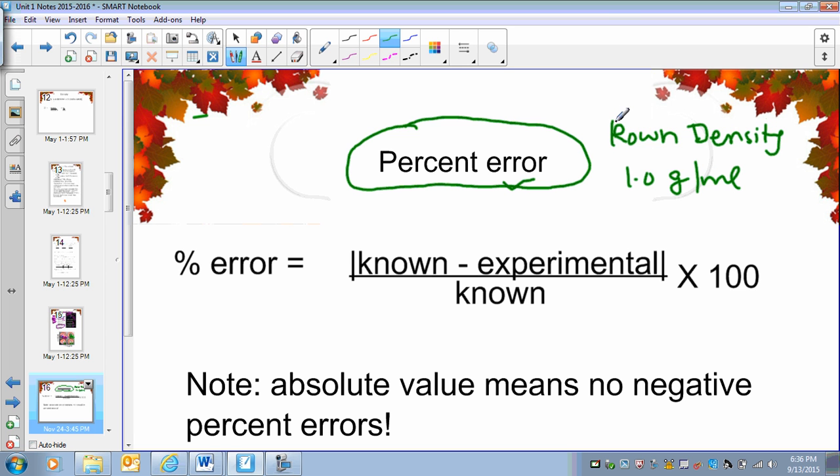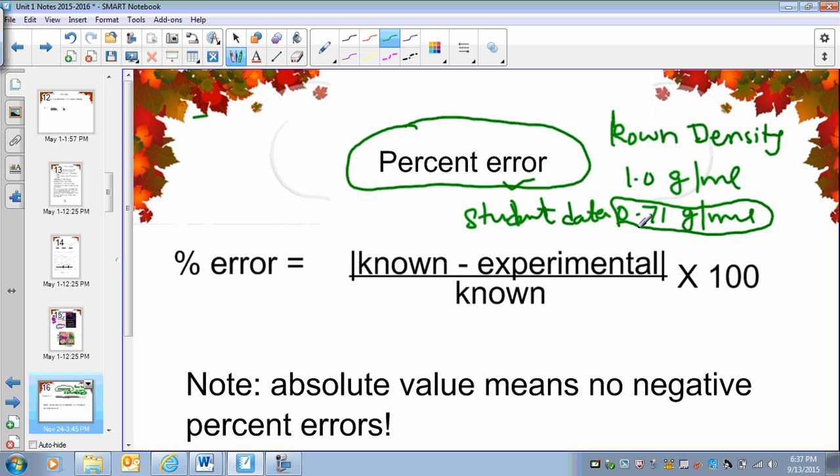But what I just gave you as an example is 0.71 grams per milliliter. This is student data. This is what the student calculation is. So this is not accurate. So there is an error in this data or in this lab. So I want to calculate what the percent error is.